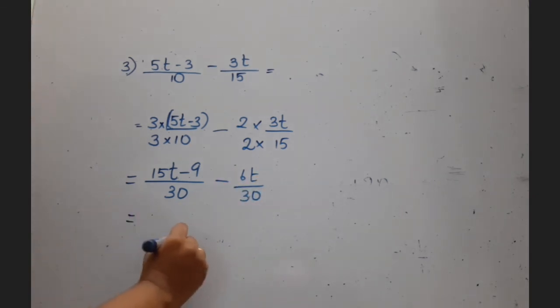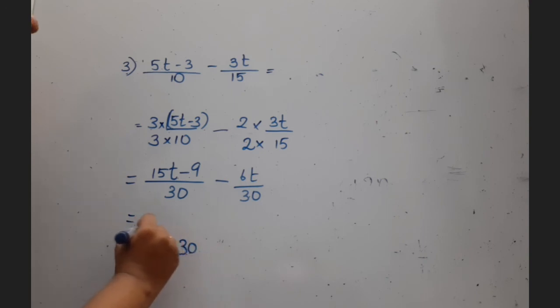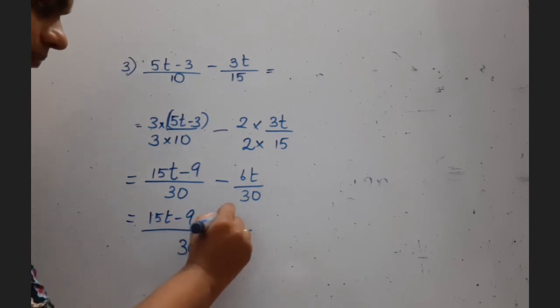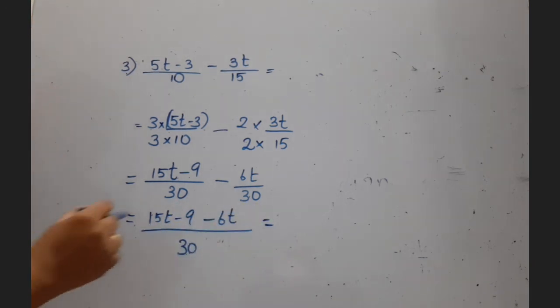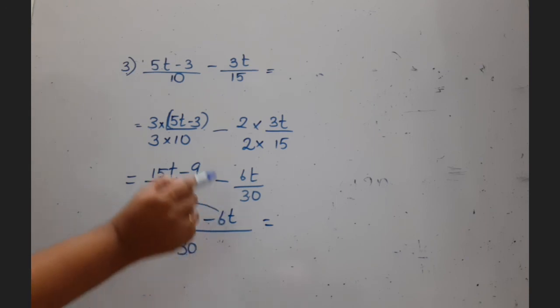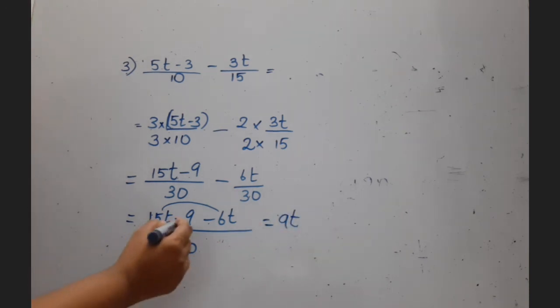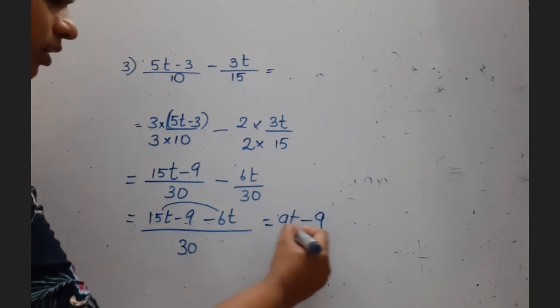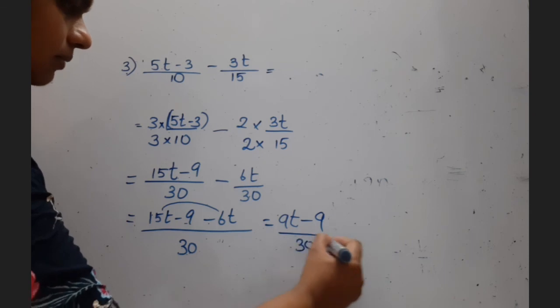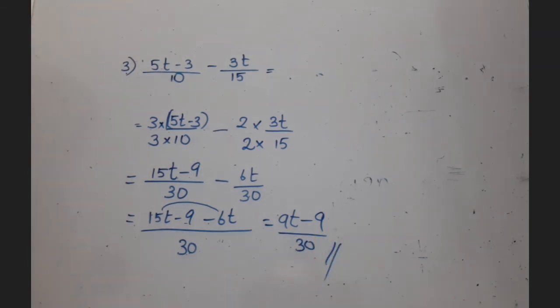Now let's subtract 6 from 15t minus 9. So like terms are these two. 15 minus 6 is going to be 9t, negative 9 by 30. Did you all understand?